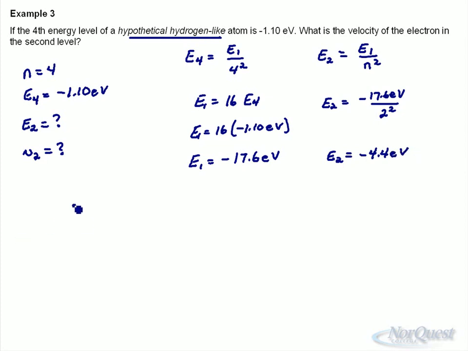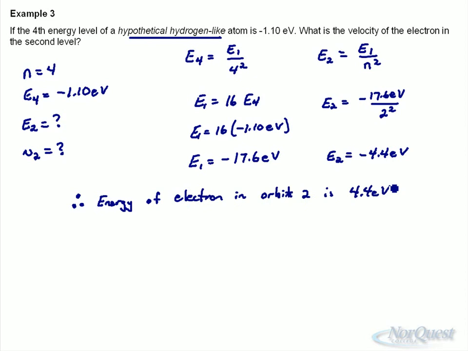So what does this mean? Therefore, energy of the electron in orbit 2 equals 4.4 electron volts.